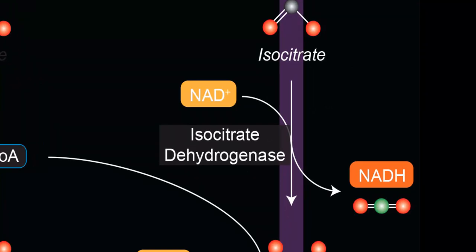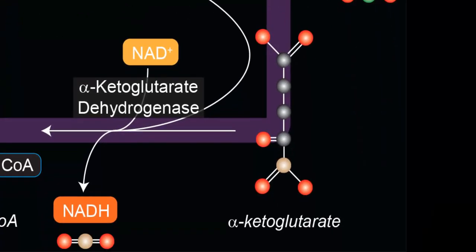So NAD+ gets reduced to NADH, and in the process, we lose carbon dioxide from isocitrate. This gives us a molecule known as alpha-ketoglutarate. If you continue on in biochemistry, you will learn about the importance that alpha-ketoglutarate plays in an awful lot of different metabolic aspects of the cell.